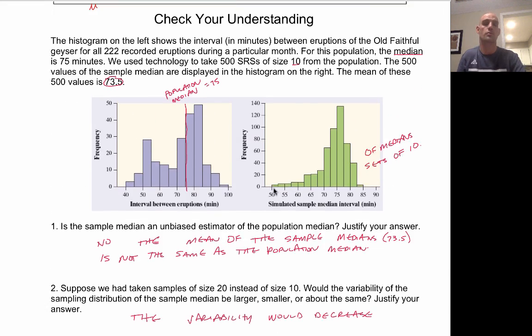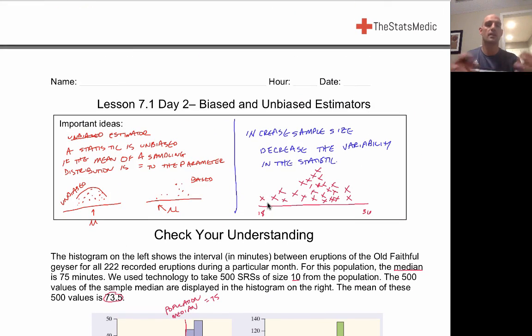Okay, so that's all there is to it. So when we're looking at these things, we are evaluating, is it an unbiased estimator by comparing, is the sample the same as the population?